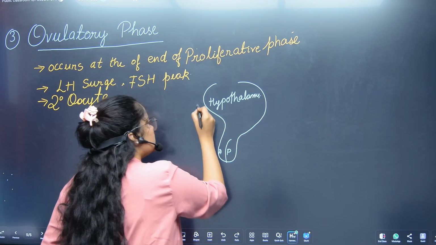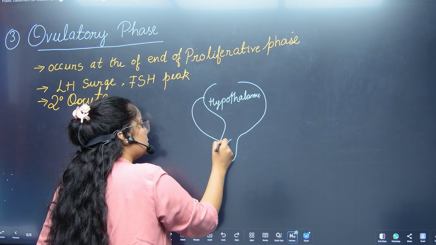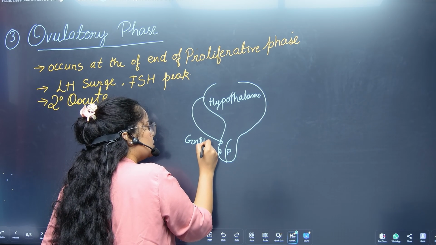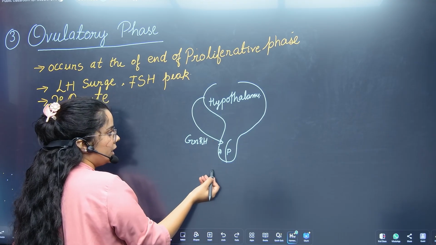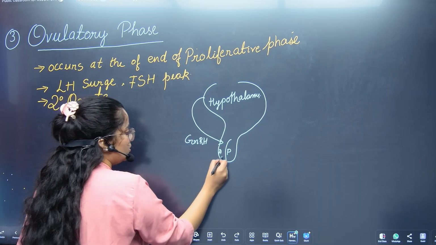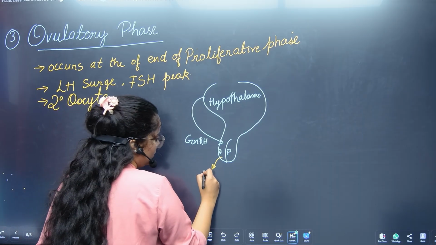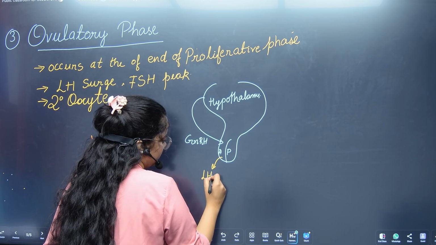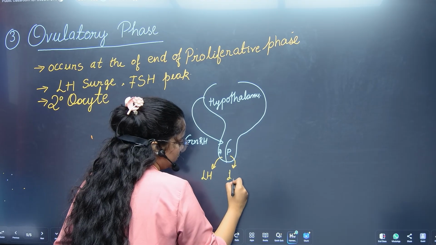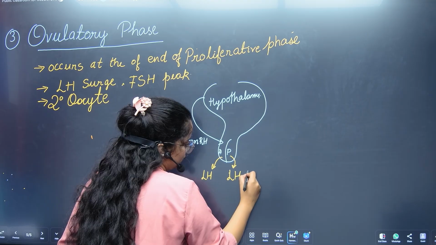This hypothalamus produces gonadotropin releasing hormone, which acts on the pituitary gland and leads to the production of luteinizing hormone and follicle stimulating hormone.